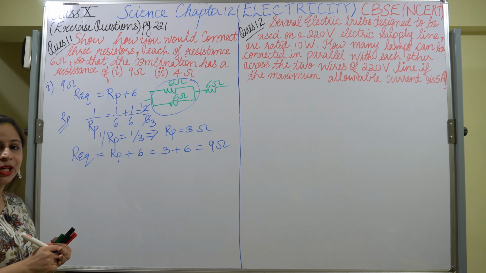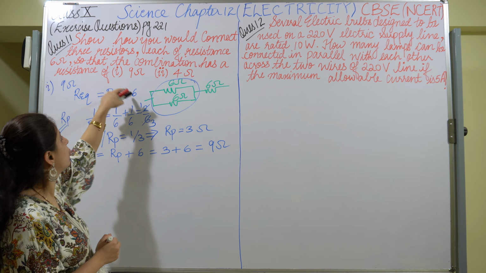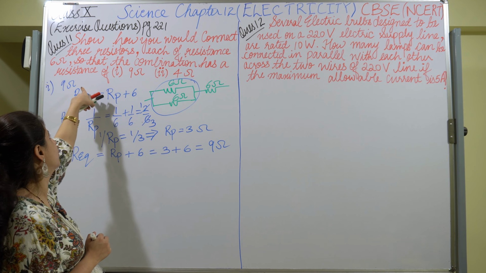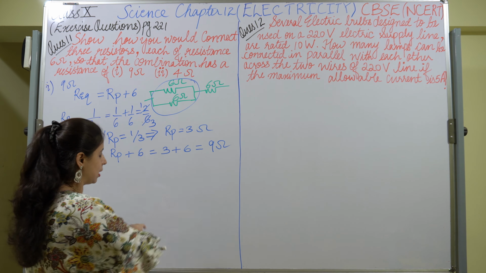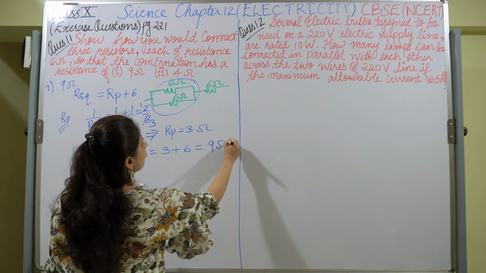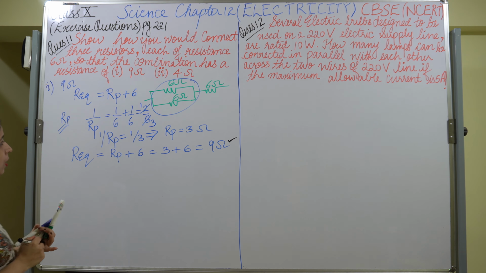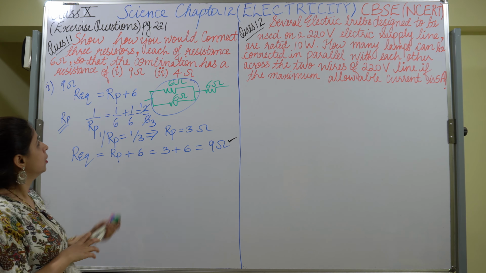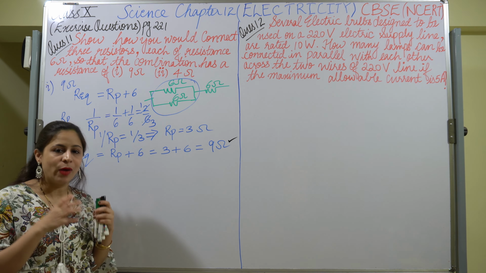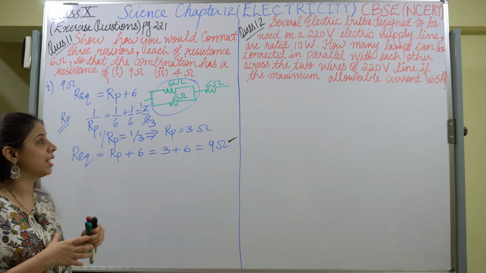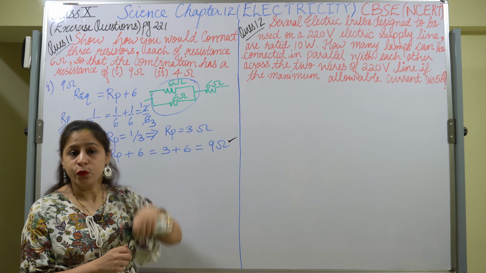So this combination is suited to give a resistance equal to 9 ohm. Now let us find out the combination of 6 ohm resistances that gives a combination value of 4 ohm.